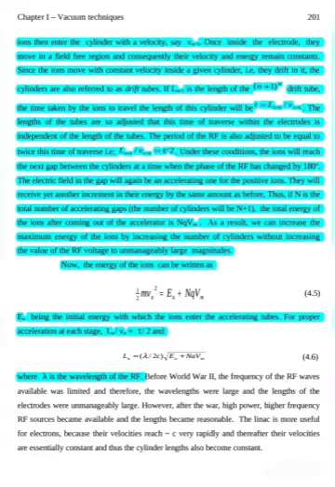However, after the war, high power, high frequency RF sources became available and the length became reasonable. The LINAC is more useful for electrons because their velocities reach near c very rapidly and thereafter their velocities are reasonably constant and thus the cylinder's length also becomes constant.